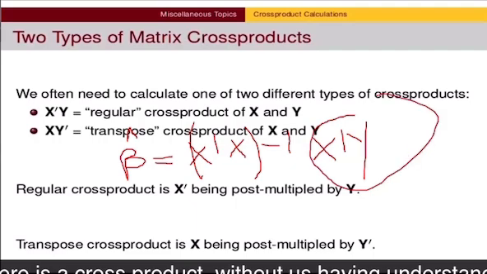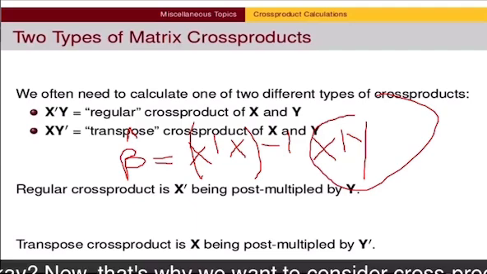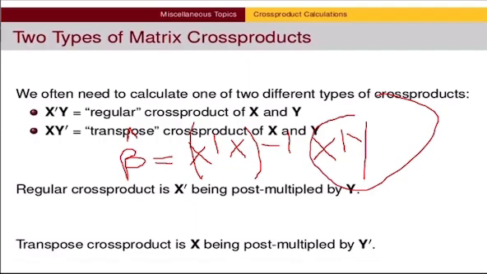Without an understanding of a cross product, there's no way we will be able to have our parameters estimated in the model. That's why we want to consider cross products, because they form the backbone of the methods we use in statistics to actualize certain intentions.